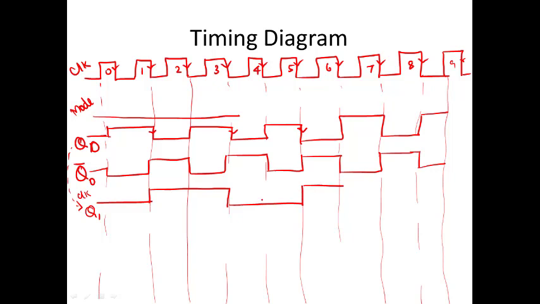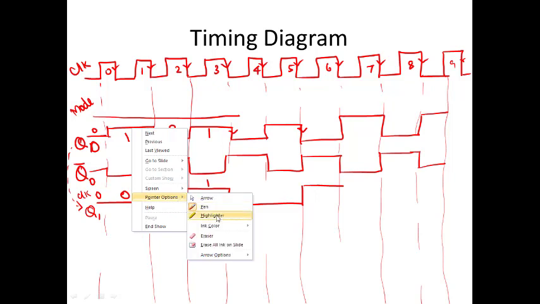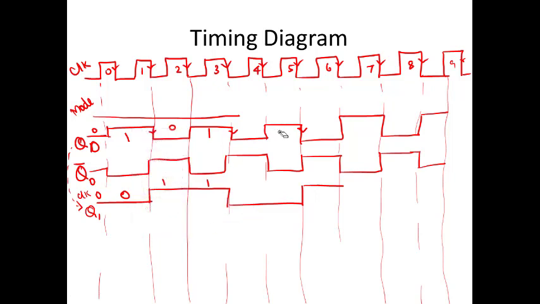Okay, so let me go ahead with this. Initially it is 00, 01, 10, 11. So the up counter operation is stopped here, meaning the counting operation is over from this point of time.